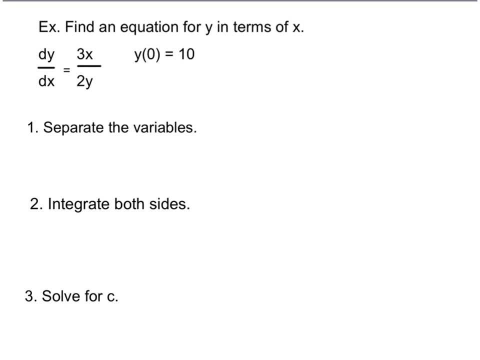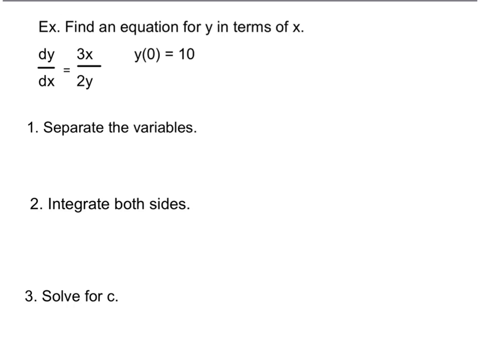So here's the technique that we would use to find an equation for y in terms of x. We've been given this differential equation and an initial condition. What we want to do is separate the variables.